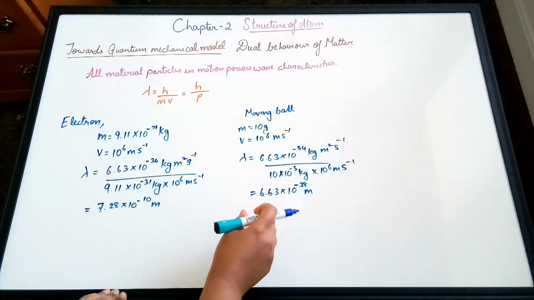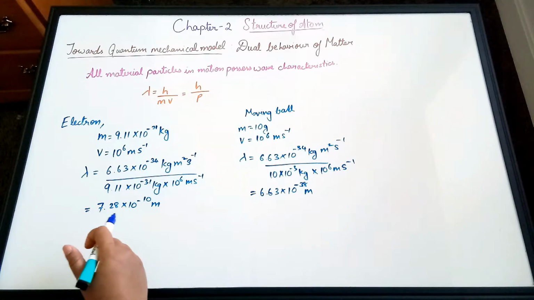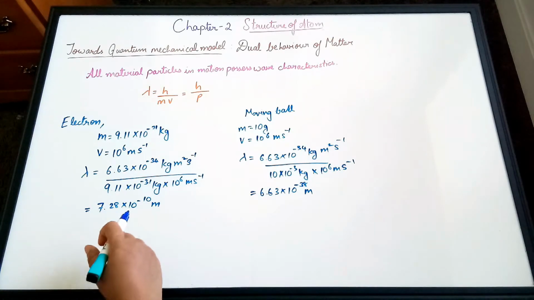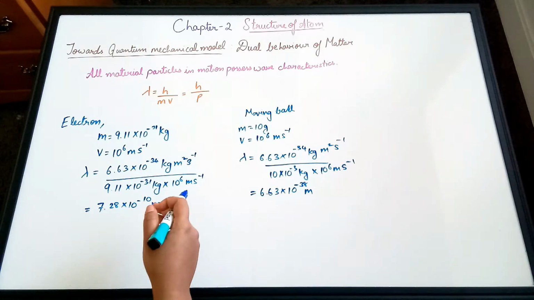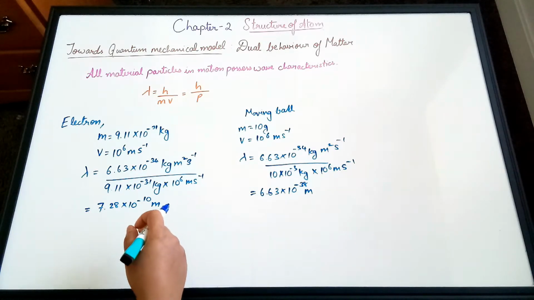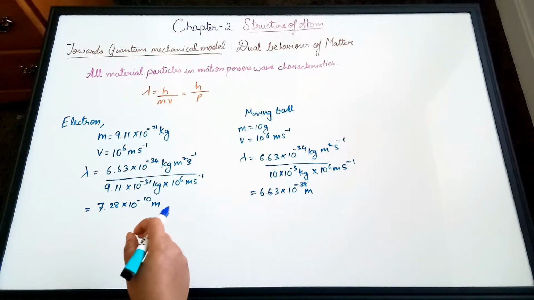However, for a moving ball, this value is too small for us to observe the wavelength, and we don't have the equipment to actually measure the wave characteristic of a moving ball. And so that is why as the mass increases, the wavelength is too small.